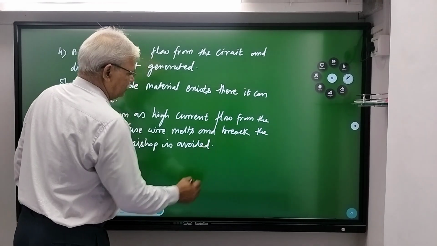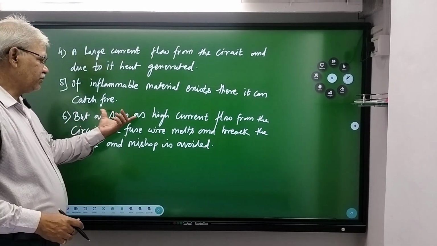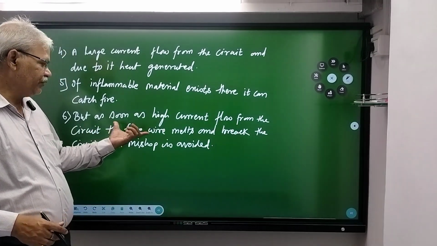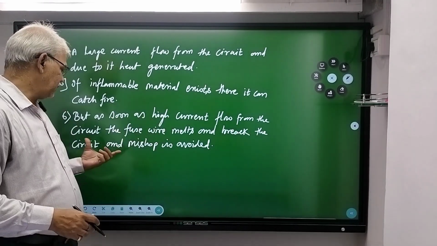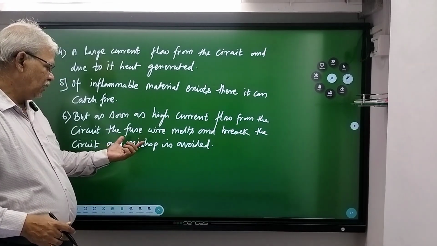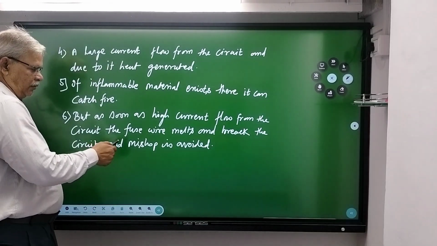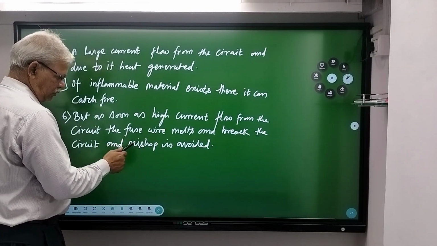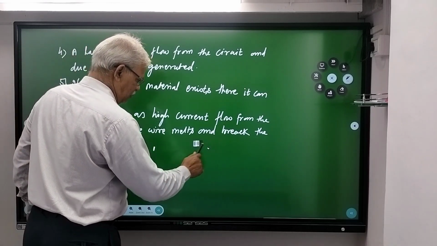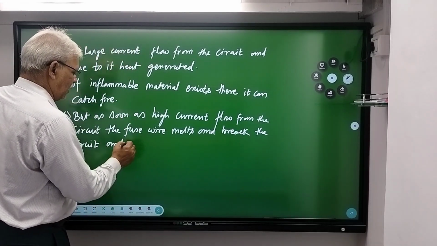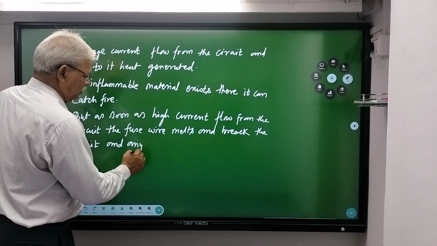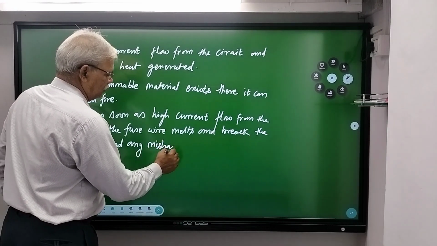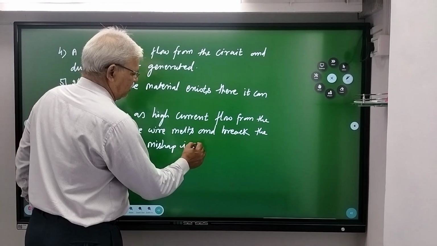Okay, as soon as high current flows from the circuit, the fuse wire melts and breaks the circuit, and any mistake is avoided. Any mistake is avoided.